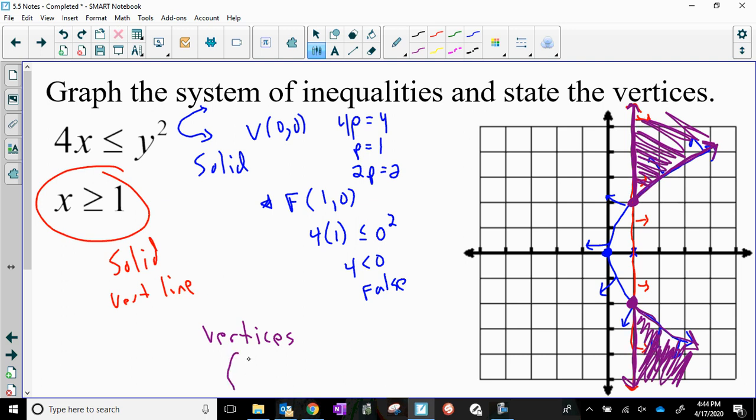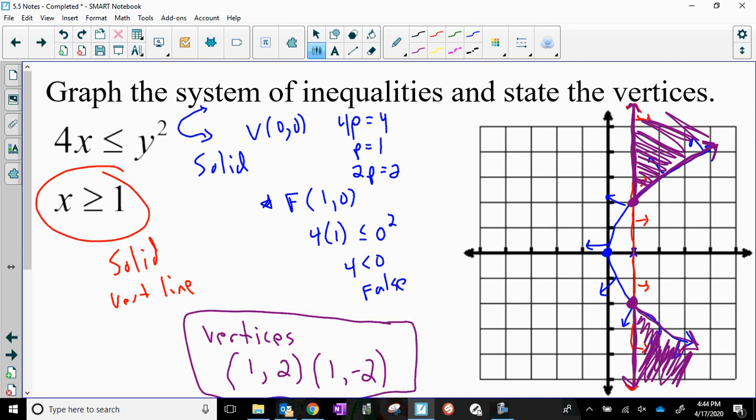These are the points that you would have used in Algebra 2 when you did this thing called linear programming. We will get to that at the very end of this course. We'll come back to the system of linear inequalities, or systems of inequalities, and we will do some linear programming then. Okay, make sure you state the vertices.